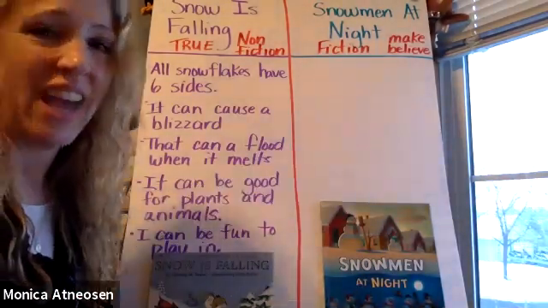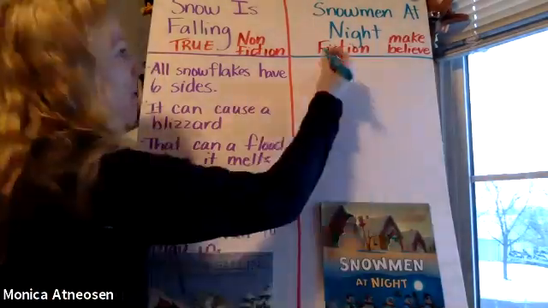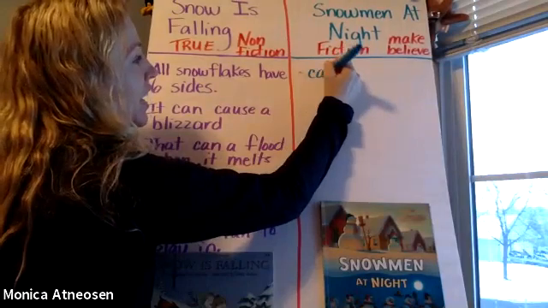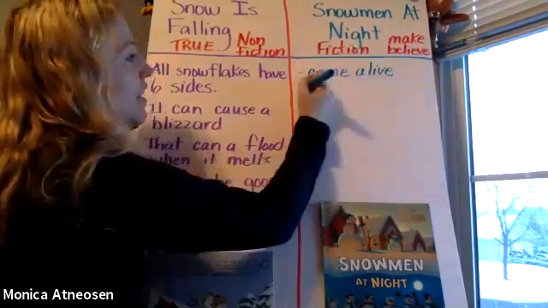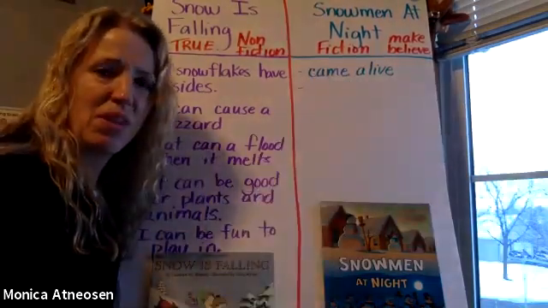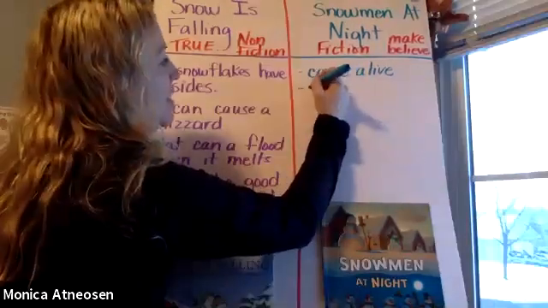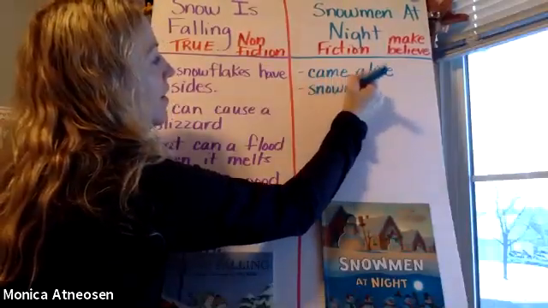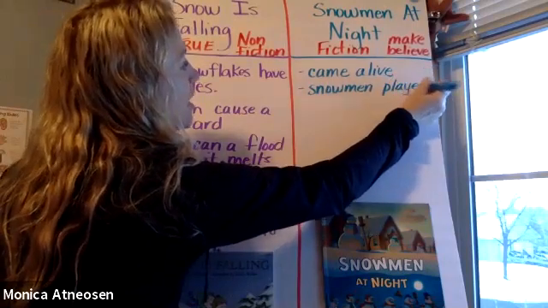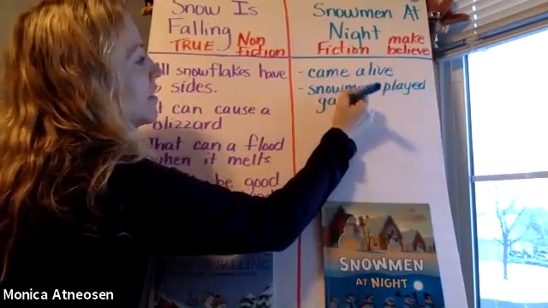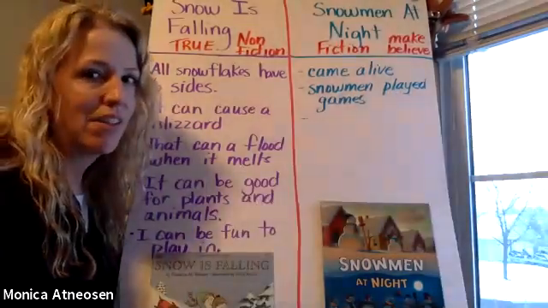that can't really happen? Oh, the snowmen at night, they came alive. That can't really happen. And what did they do when they were outside at night? They played games. Snowmen can't really play games.